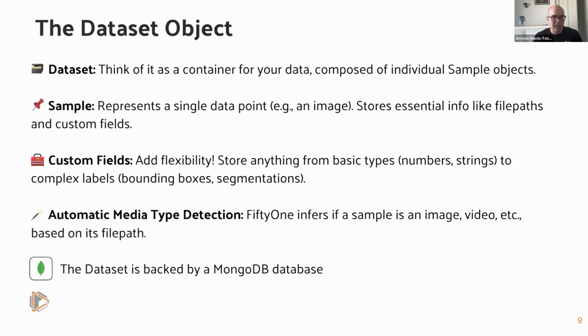The dataset is backed by MongoDB, and this is something that 51 manages mostly automatically. You can configure your MongoDB database, but you don't need to be an expert on MongoDB in order to use 51. This is something very flexible, and we are going to see how we can get this into basically any environment that has Python.